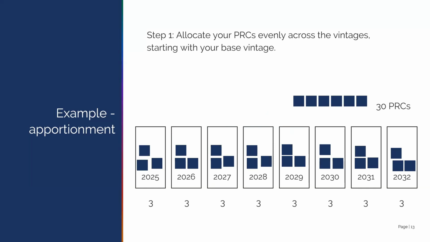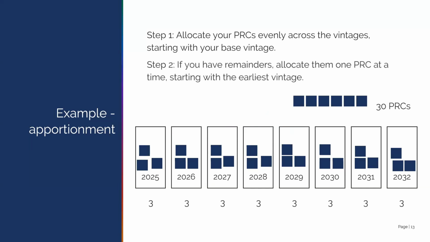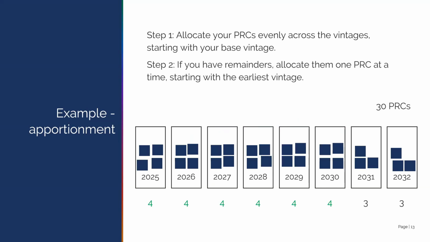And so now we need to apportion them to the first of those years, so 2025, 2026, 2027, until they're exhausted. And that looks a bit like this. And you'll notice in those last 2 years, there aren't any remaining PRCs to be distributed.